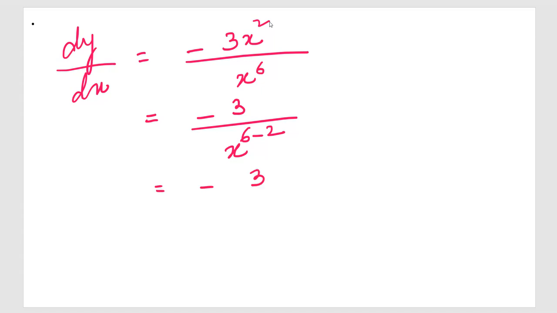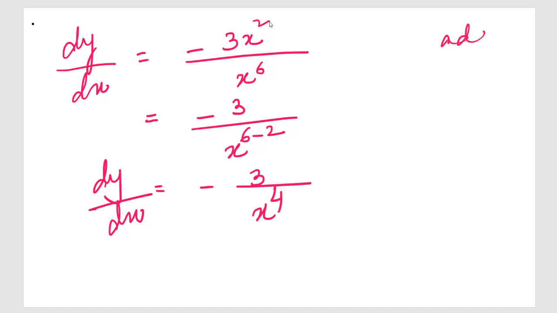It will be 3 over x raised to power 4. So this is the derivation of our function by using the definition. Dy by dx is equal to negative 3 divided by x to the power 4. When you multiply, the powers add. This is the rule. But if we divide two terms and the bases are same, you have to subtract the powers. It would be minus 6 plus 2, but the denominator has the greater power, so we take it there. So 3 over x raised to power 4.